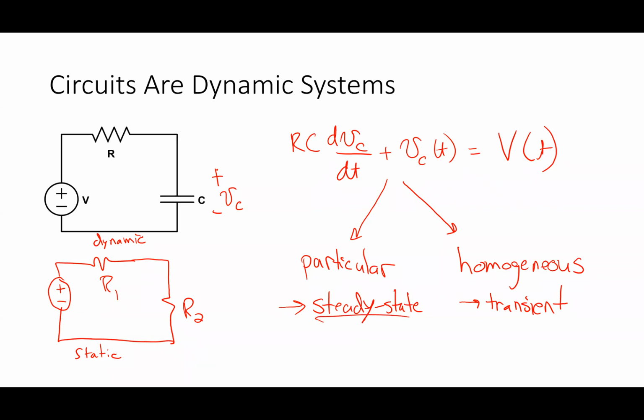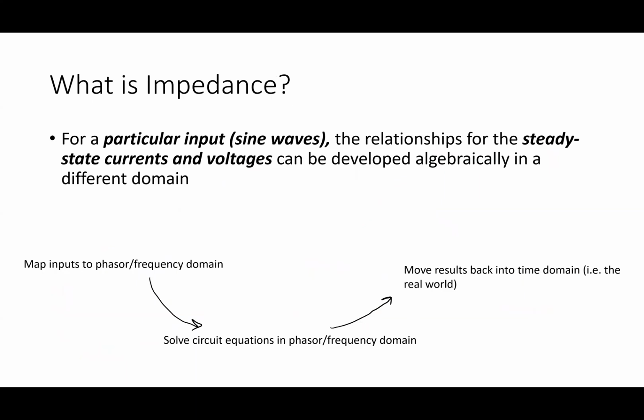In particular, we broke it down and said, well, for a particular type of input, namely sine waves, the relationship for the steady state currents and voltages could be developed algebraically in a different domain. That's what we've been doing for roughly the last month. We basically said we'll take our inputs and map them into the phasor domain.